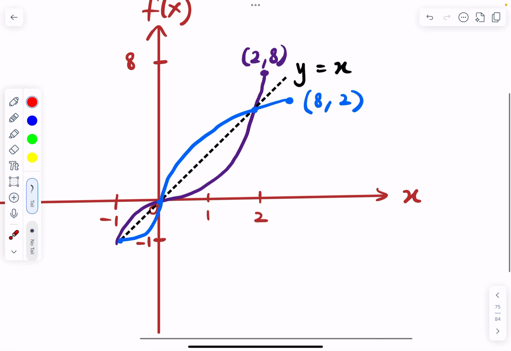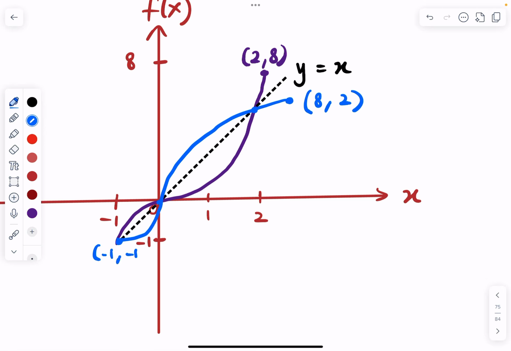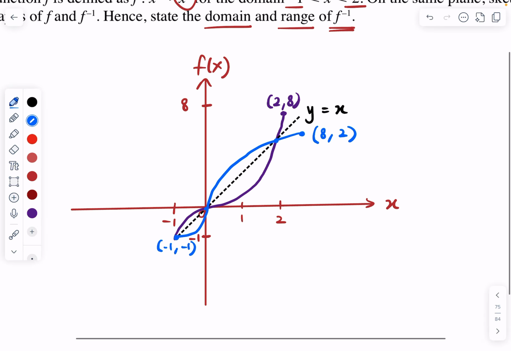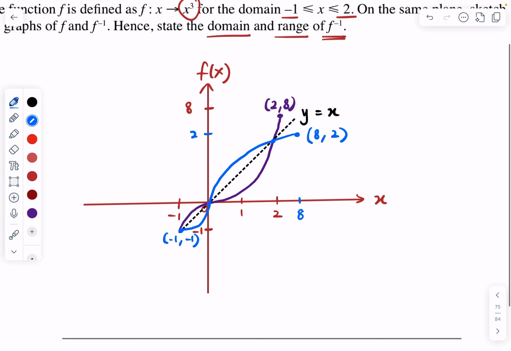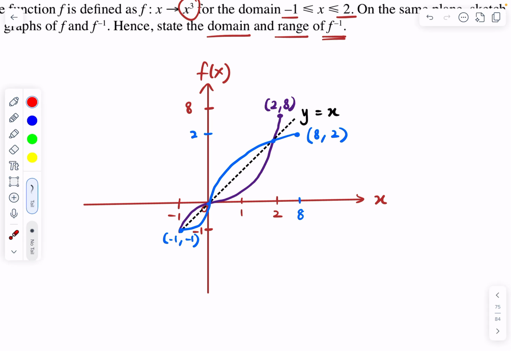And then same goes to the rest. So this one no problem because it's (-1, -1). So it's just (-1, -1) even after reflection. Okay. So now we know that the x value here is 8. And the y value here is 2. I know it doesn't look proportional, but it's supposed to be. Okay, this is just a sketch.